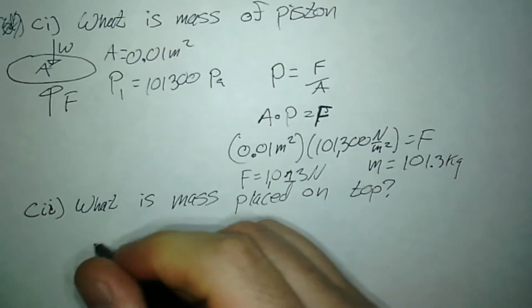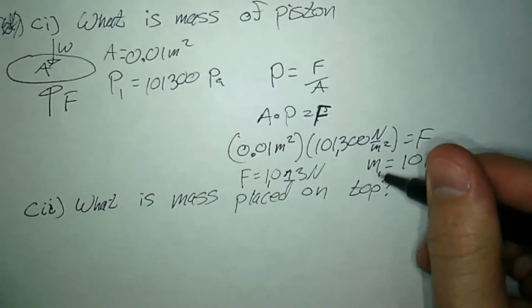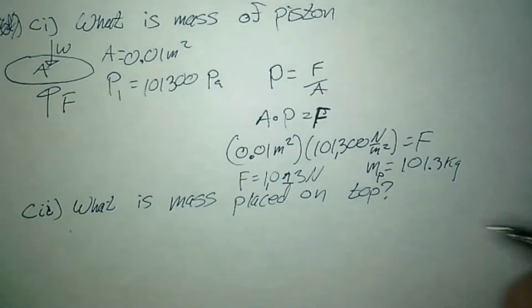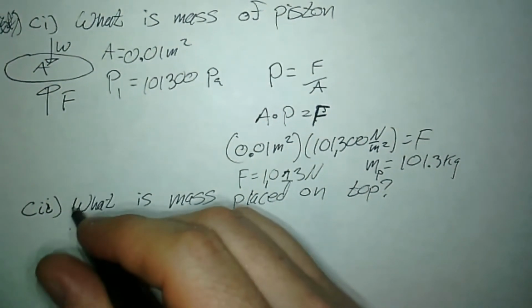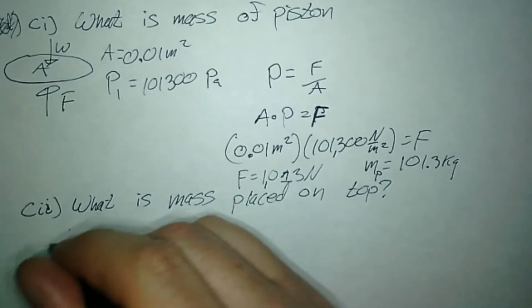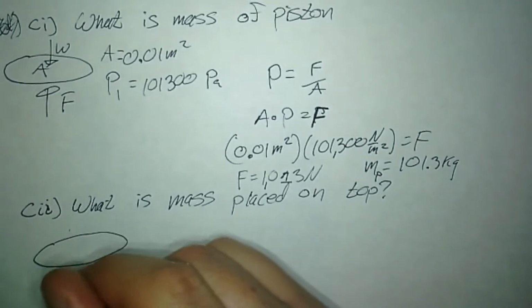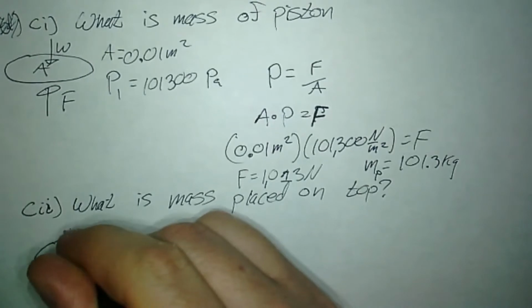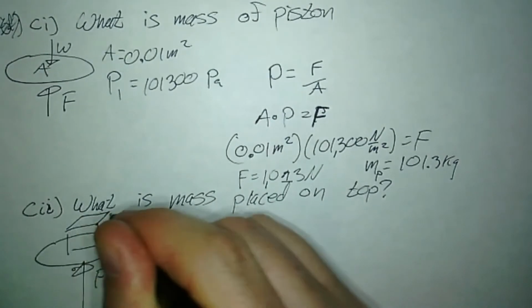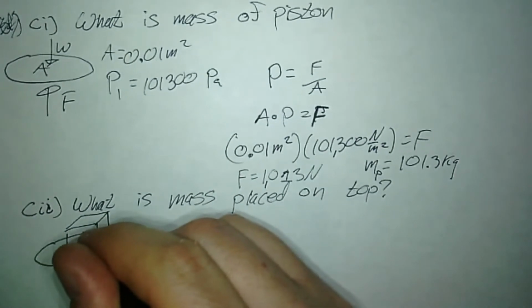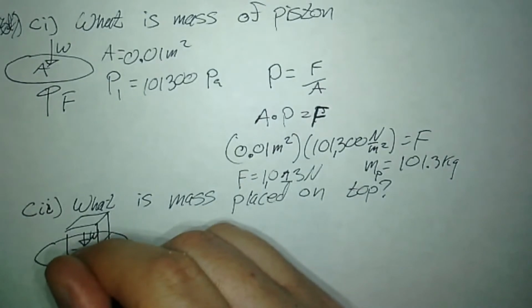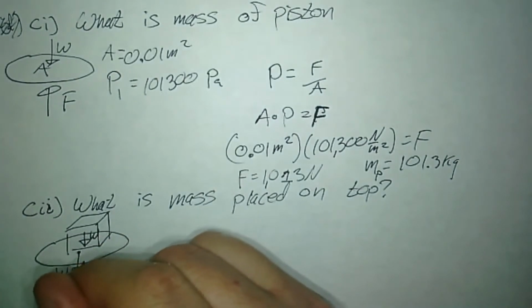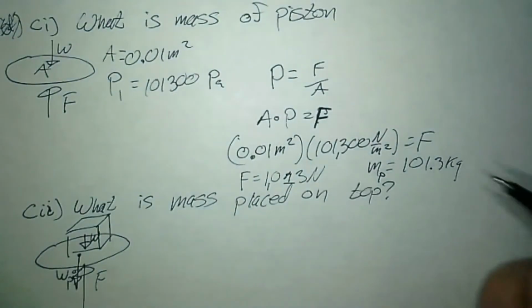Okay. So what is the mass that is placed on top? We'll say MP here. Now if I draw my free body diagram, this force here has to equal the weight of this guy and the weight of the piston together.